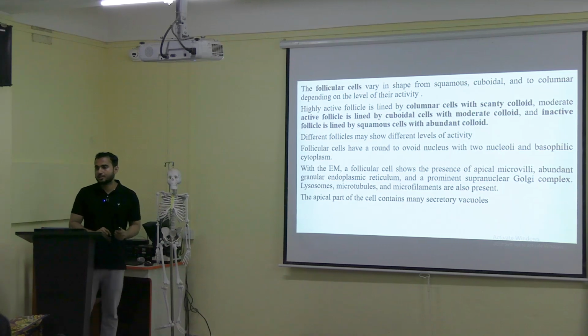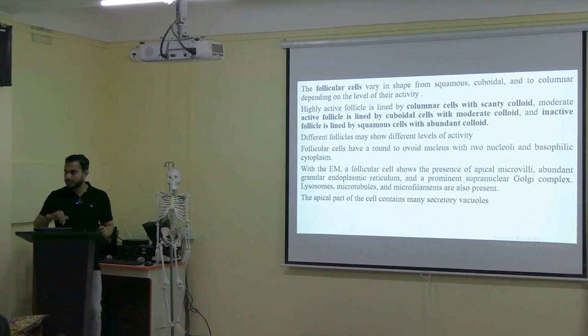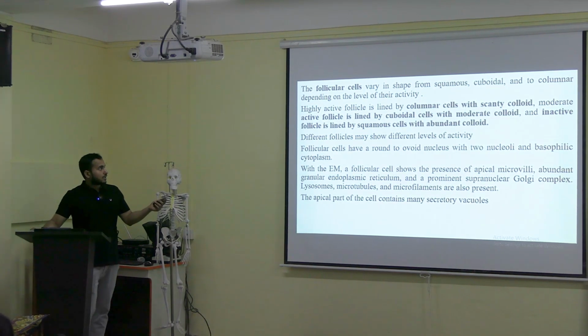Next, you have to understand one thing about the follicles. As I said, the cells present in the follicles are not the same every time. The amount of colloid present inside the follicle is also different. That depends on the activity of the follicle.